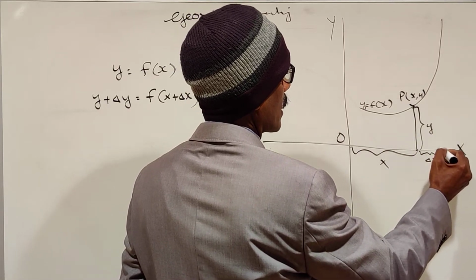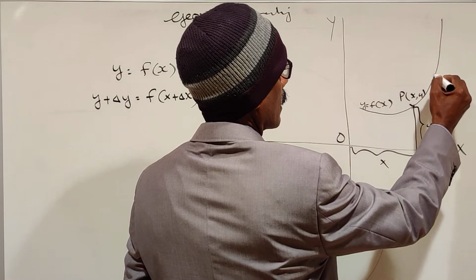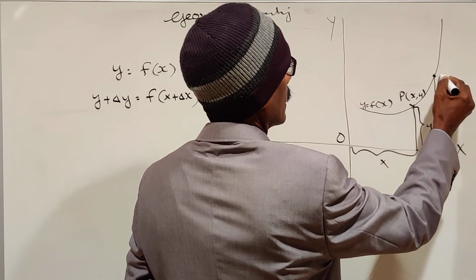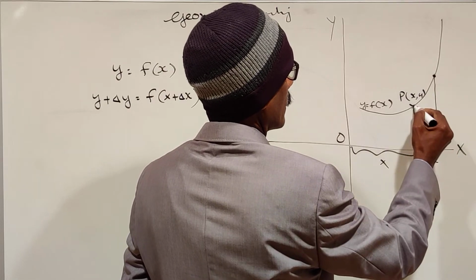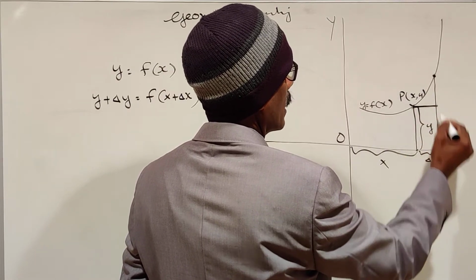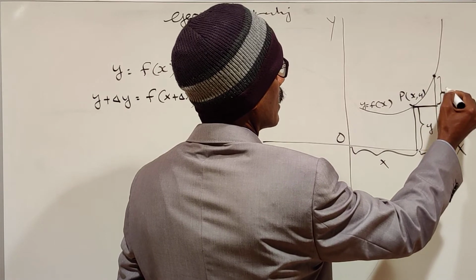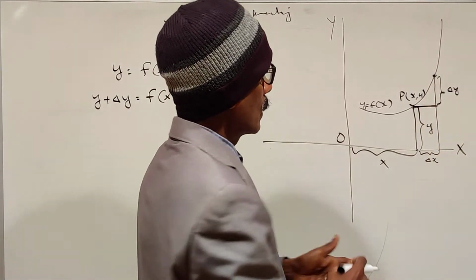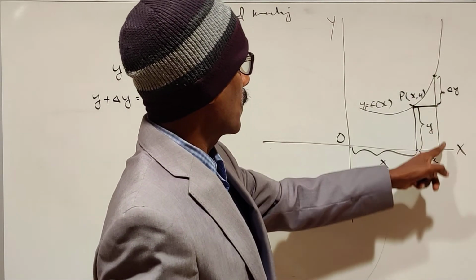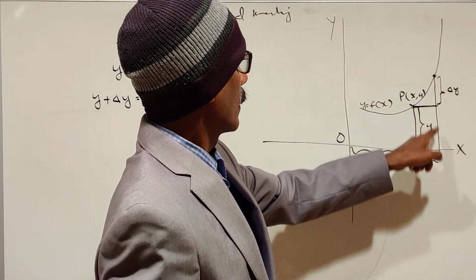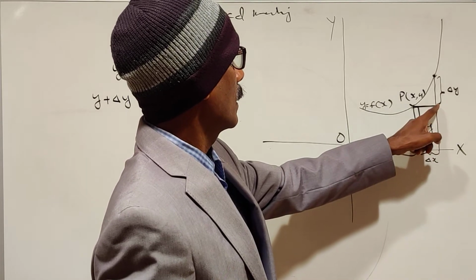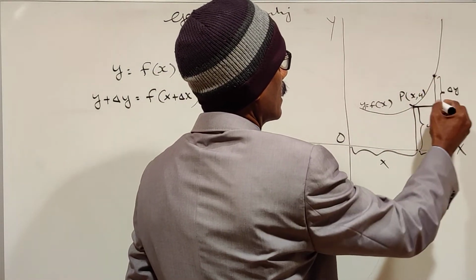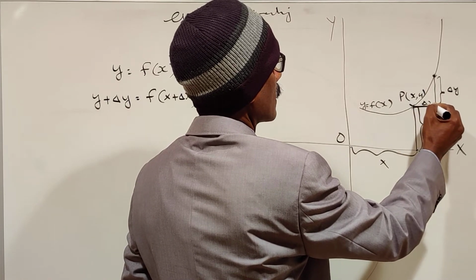The corresponding increment in y is, see, this much is y, and the corresponding increment in y is delta y. This much is delta y. The total distance is y plus delta y. Y is from here to here, and the rest is delta y, and this one is delta x.